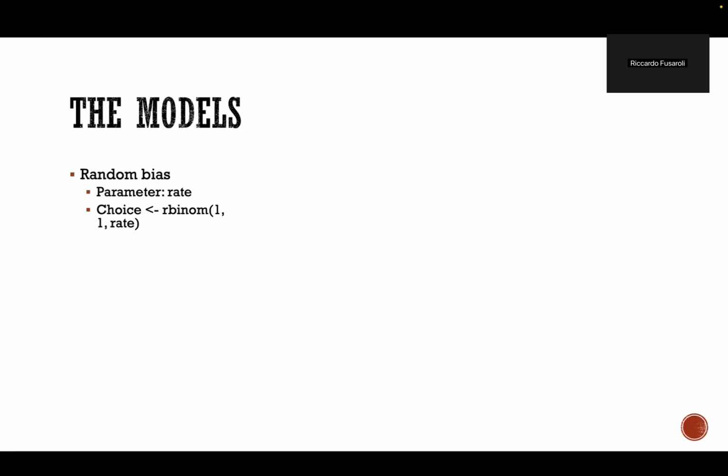So here we have a logistic regression, where there is a specific beta which generates, according to the logistic, so the binomial distribution, an outcome.